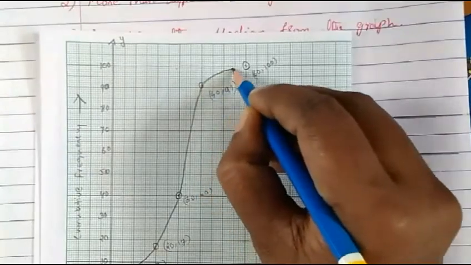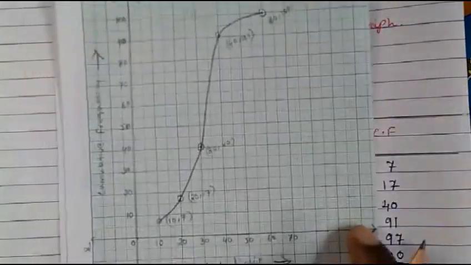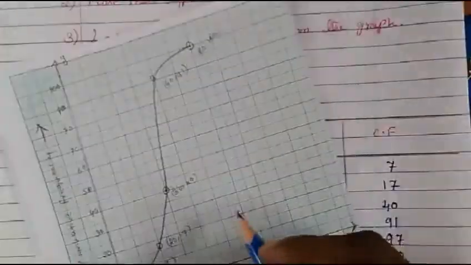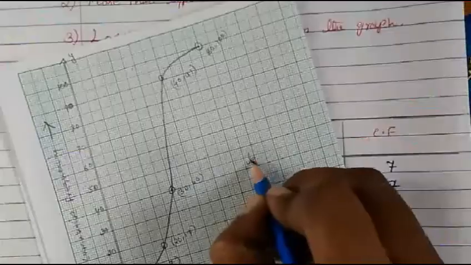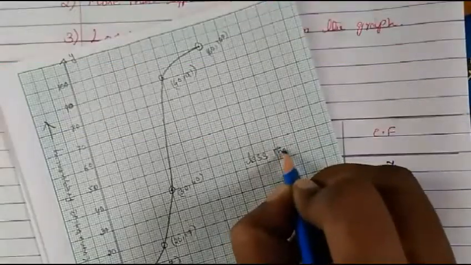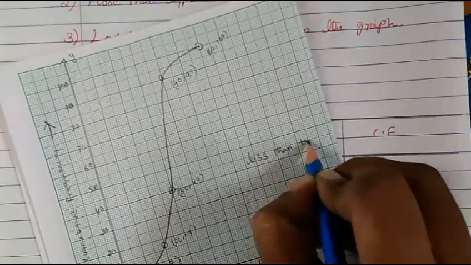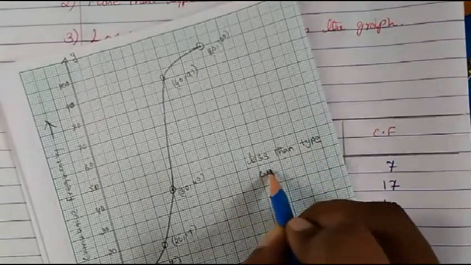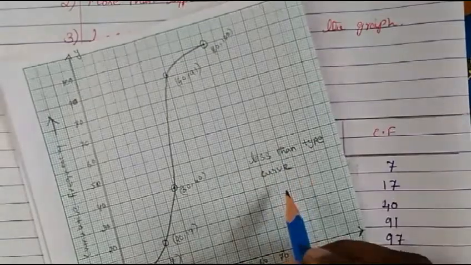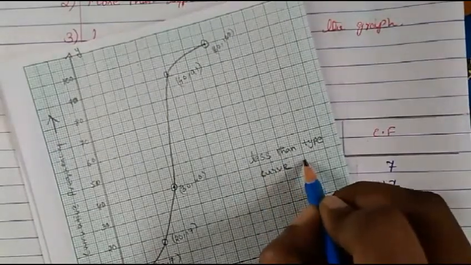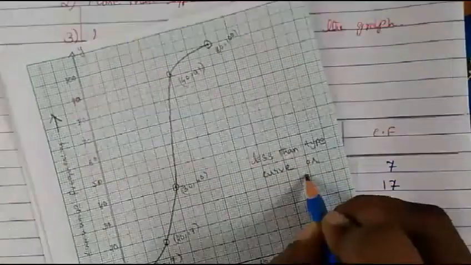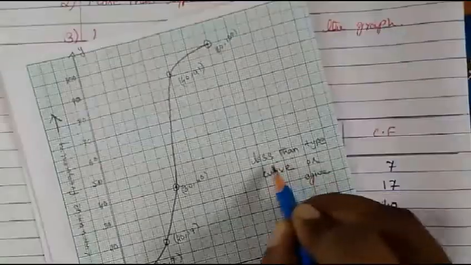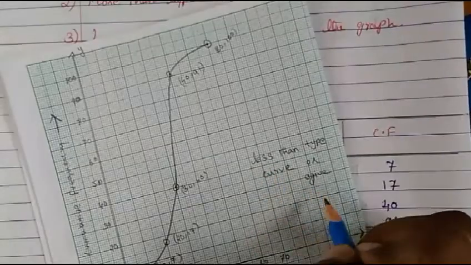Okay, so this is our curve. Which curve is this? Less than type curve. Or you can also call it an ogive: less than type or less than ogive.